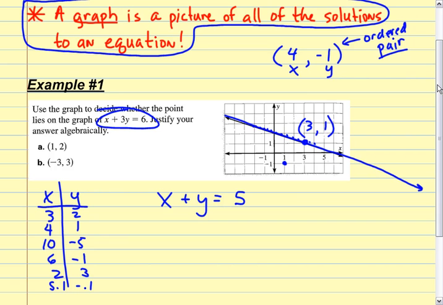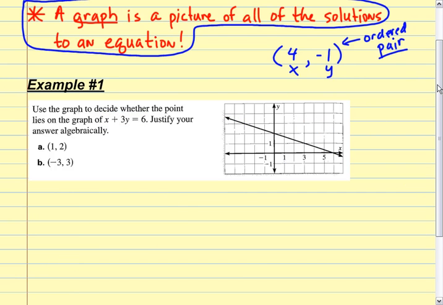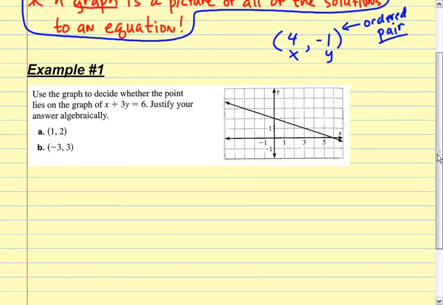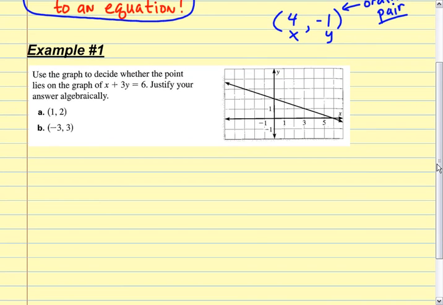Let's go ahead and look at example number 1. Easy stuff. Okay? Example number 1 says, use the graph to decide whether the point lies on the graph of x plus 3y equals 6. Justify your answer algebraically. Remember, this is a picture of all the solutions to this equation.